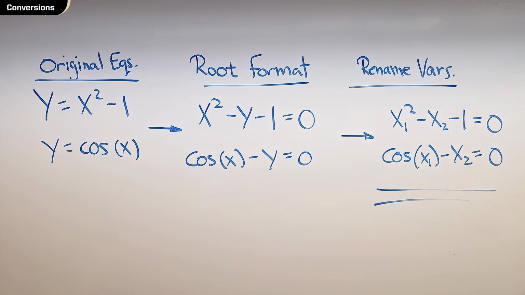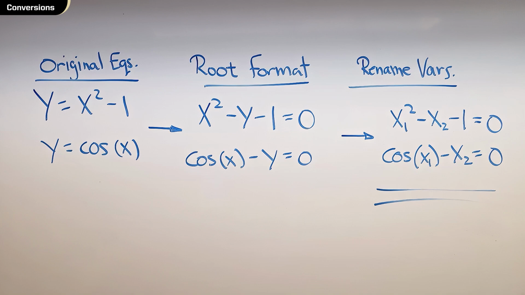So the last thing is that I've got x's and y's in that root format. Well, that's not what MATLAB wants to see. So all I did was rename the variables. x became x1 and y became x2. So now it looks like a list of variables inside a list of equations. Well, that's what MATLAB likes to see.